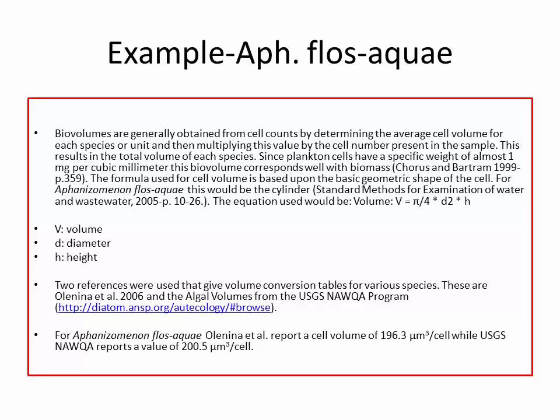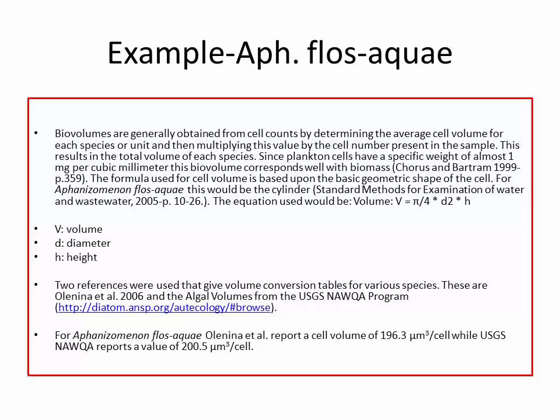So, biovolumes are obtained from cell counts by determining the average cell volume for each species or unit, multiplying that value by the cell number. This results in the total volume for each species. Since plankton have a specific weight of about 1, this biovolume corresponds to the biomass. The formula used for cell volume is based on the basic geometric shape of the cell.